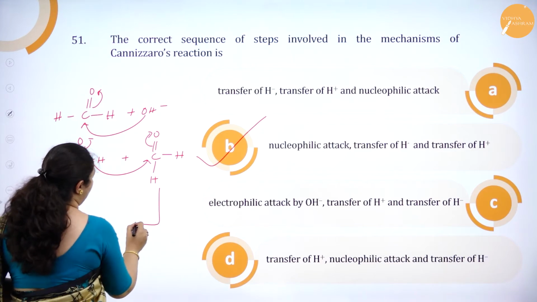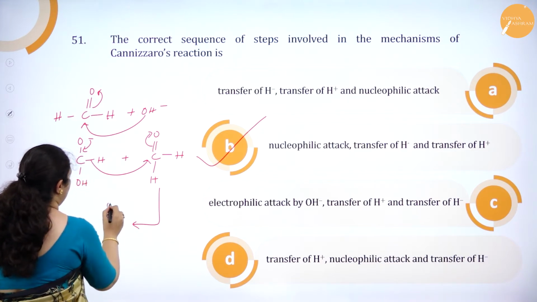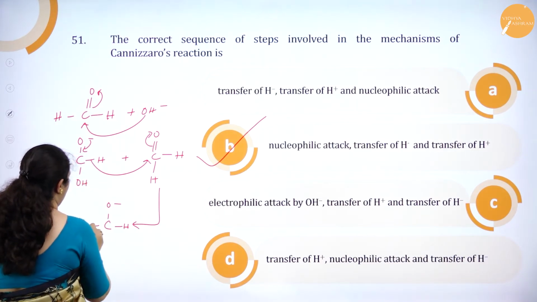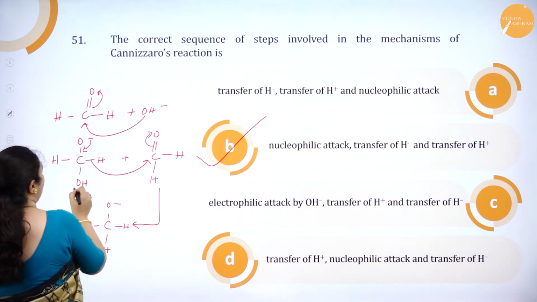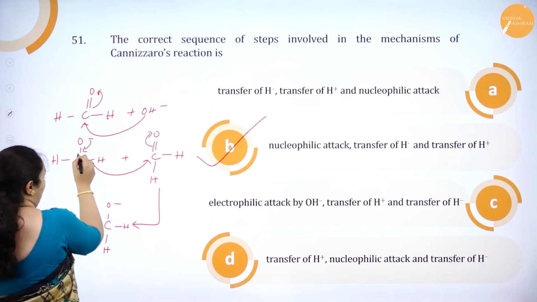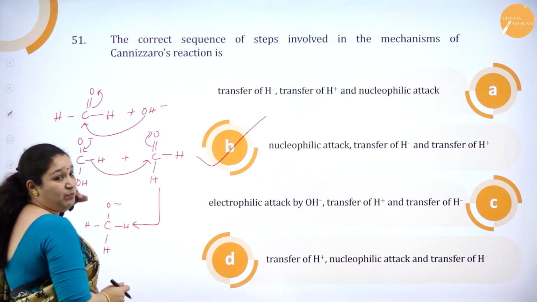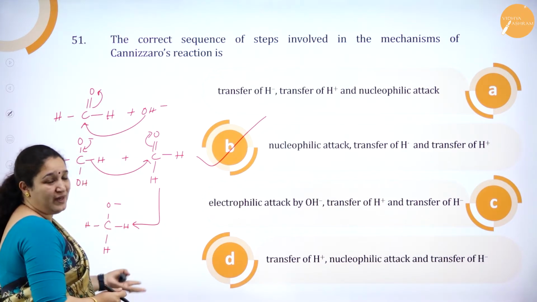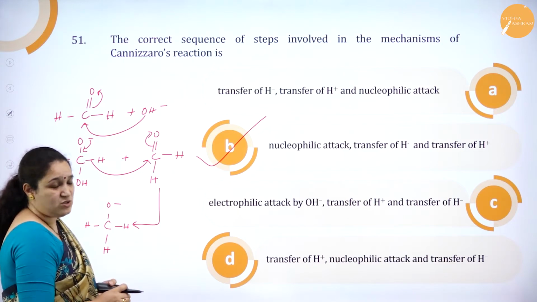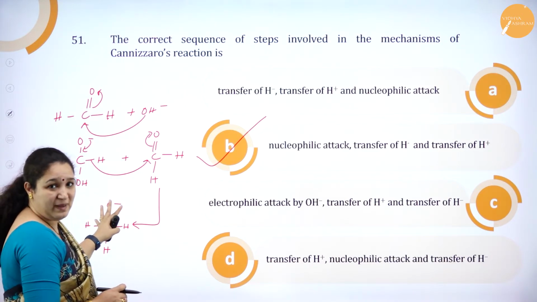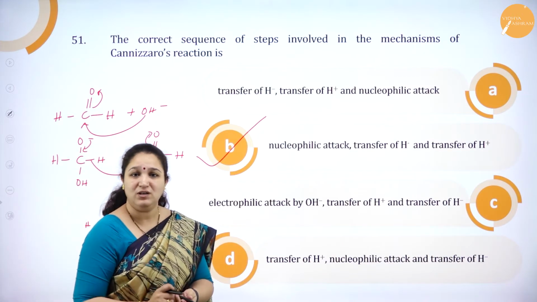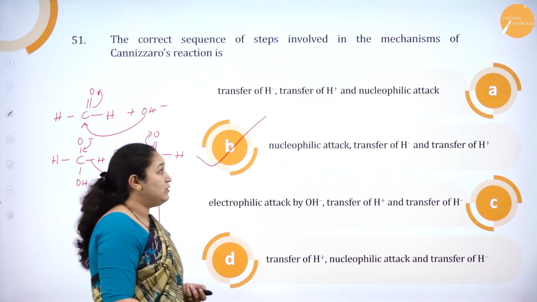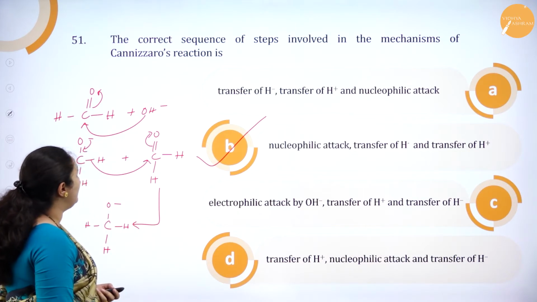So you are going to get carbon with O minus, H, H and H. For this again you will have one more compound with OH and H and O double bond. Again there is a proton transfer which is happening to get the final product of the Cannizzaro reaction. So I am not writing the entire mechanism, but if you know the first step you can answer this particular question. Okay, so that's about the 51st question.